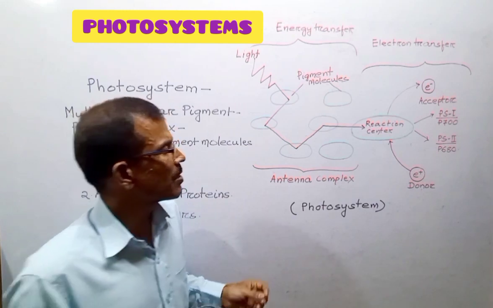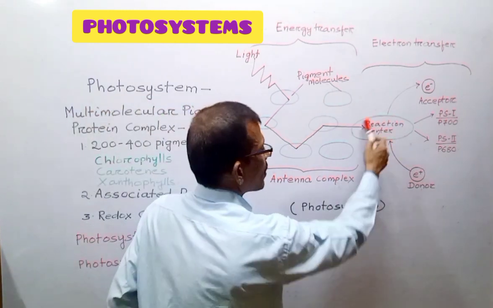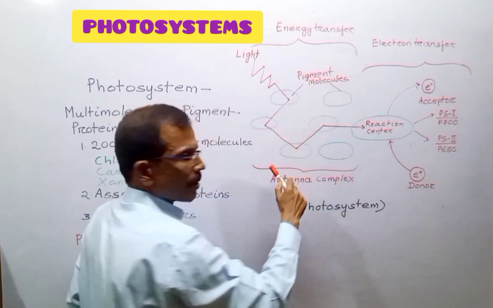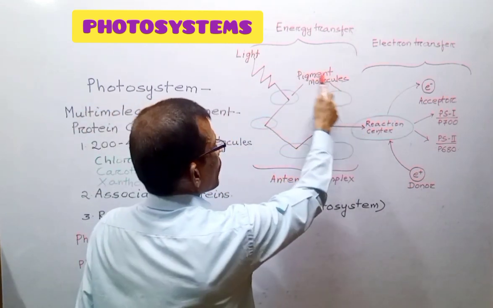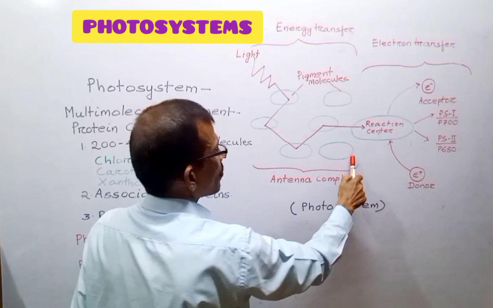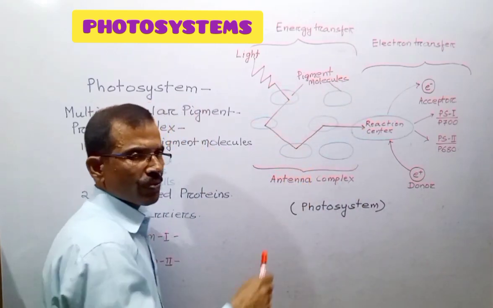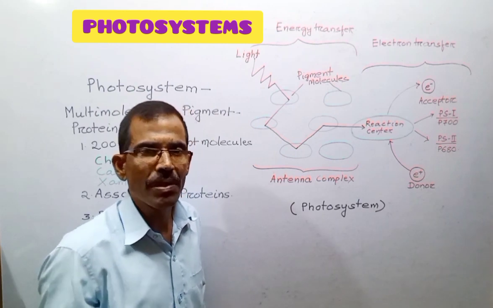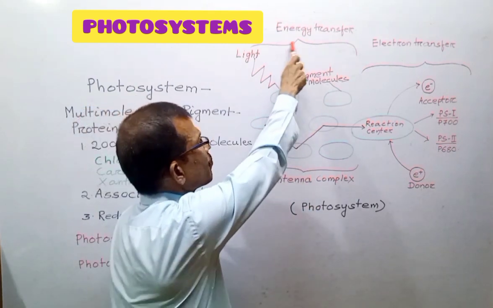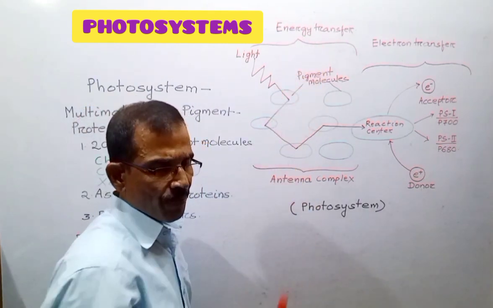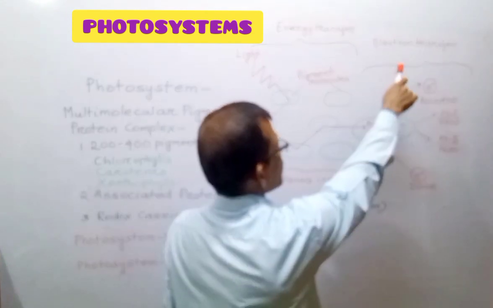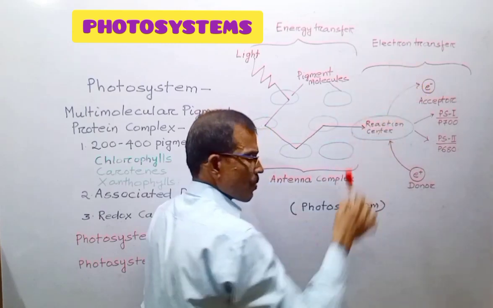Each photosystem consists of a reaction center and an antenna complex. The antenna complex, which consists of a variable number of chlorophylls and carotenoids along with different proteins, is responsible for energy transfer, whereas the reaction center is associated with electron transfer.